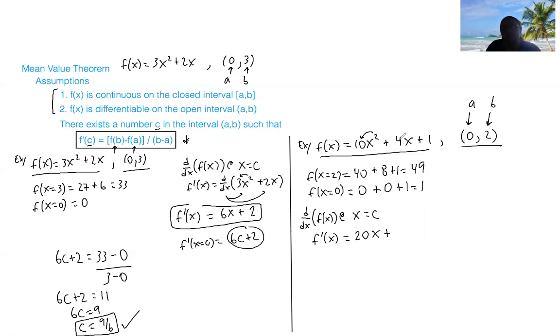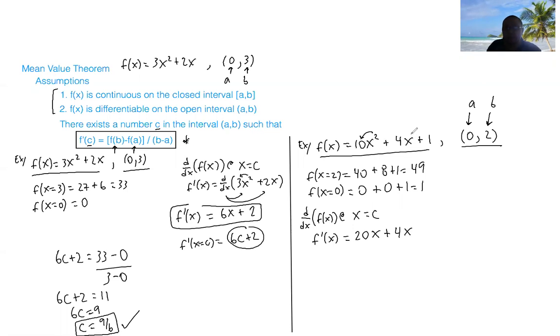Plus, next term. 4x is the same thing as 4x to the 1. There's a silent 1 here, because x and x to the 1 are the same thing. 1 times 4 is your new coefficient. 4, leave your base there. Subtract 1 from your exponent. 1 minus 1 is 0. Anything raised to the 0 is 1.